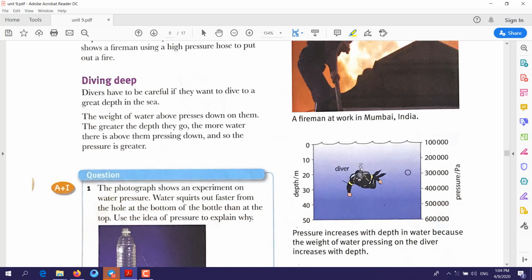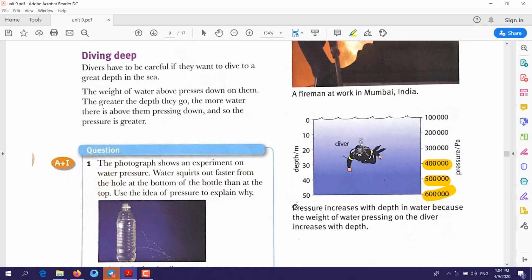And as you can see, the more he goes down, the pressure is increasing. So focus on this. Pressure increases with depth in water. The deeper you go, the more pressure you will have.